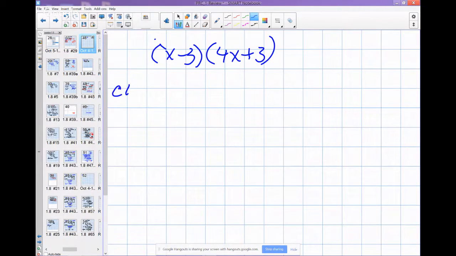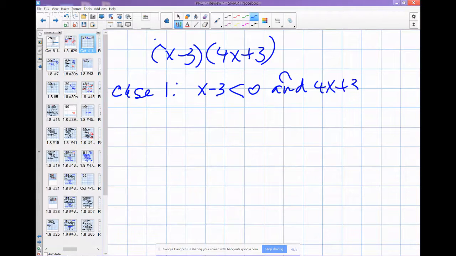Here's what I mean by cases. Case 1, let's say x minus 3 is negative and 4x plus 3 is negative. So in case 1, let's say they're both negative.